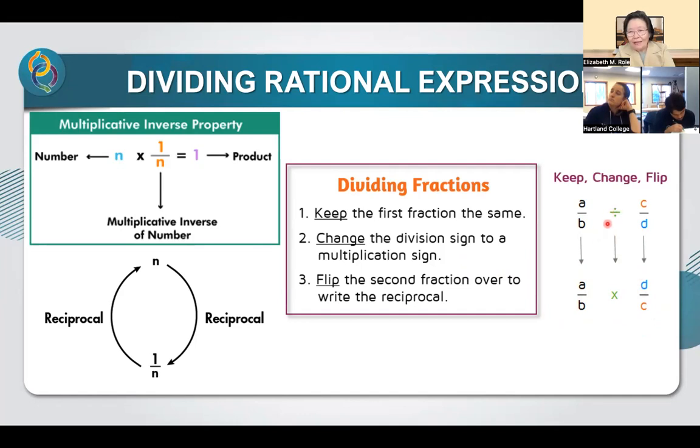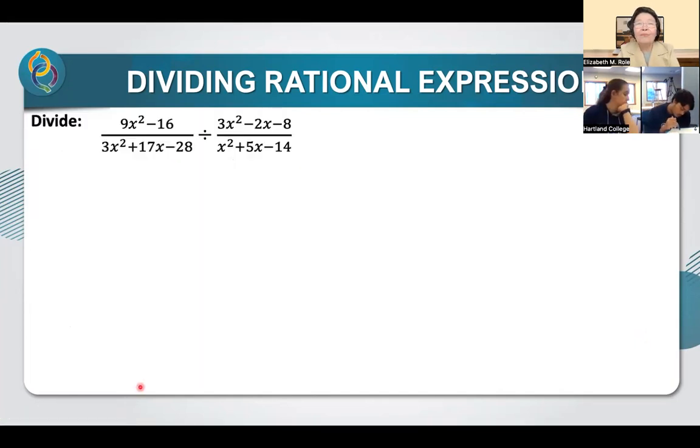So a over b divided by c over d is the same as a over b times d over c. As I was saying, they are inverse operations, and so we are just multiplying by the multiplicative inverse, which is the reciprocal.